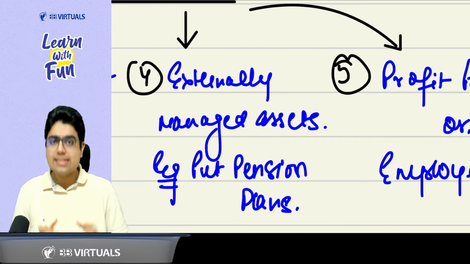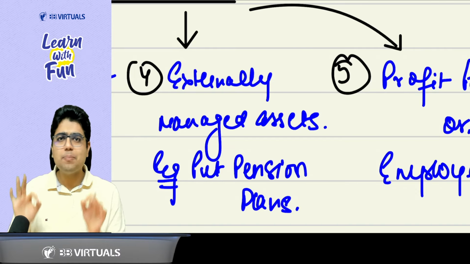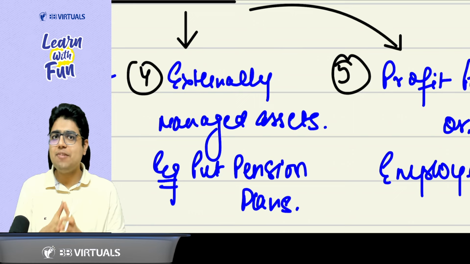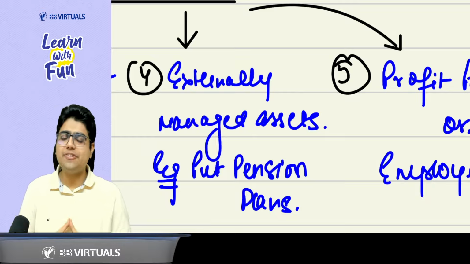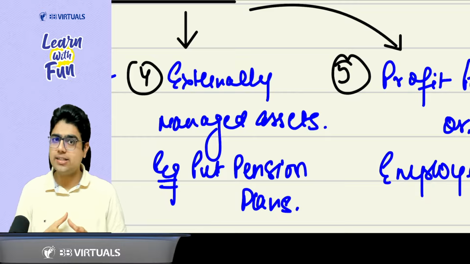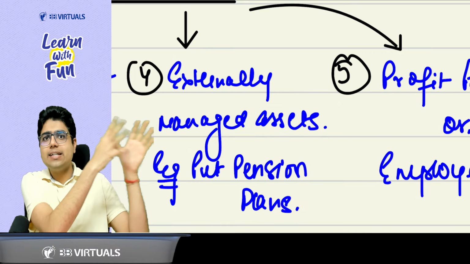Then there are certain assets which are externally managed. For example, whenever I have employees in my company, I deduct their provident fund. I deduct their pension amount. Got it, sir? That pension amount that I deduct, I invest in certain companies.